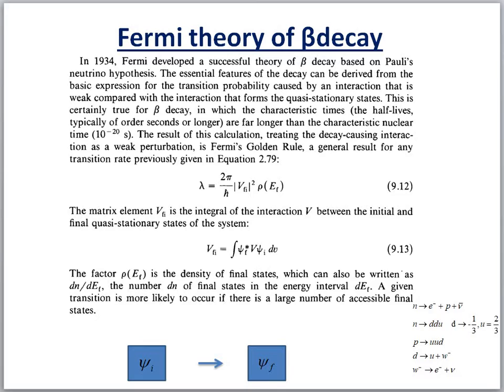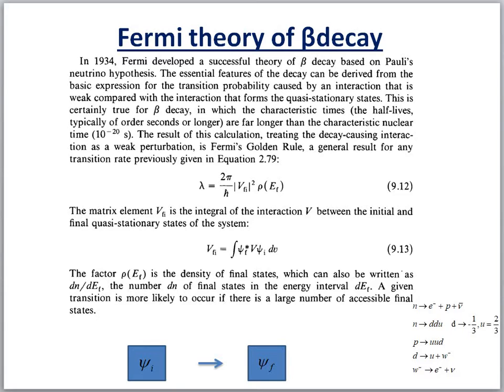The psi i is the initial wave function of the parent nucleus, involving only the initial nucleus. This is known as the Fermi golden rule, and we use it to calculate the energy of the beta particle. Here rho(Ef) indicates the final energy state.